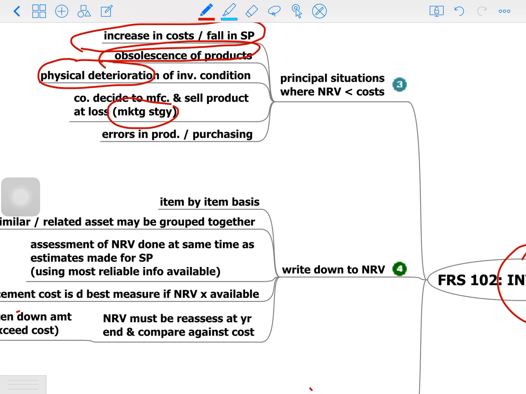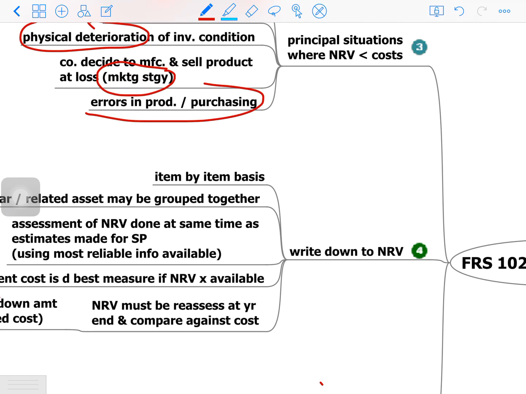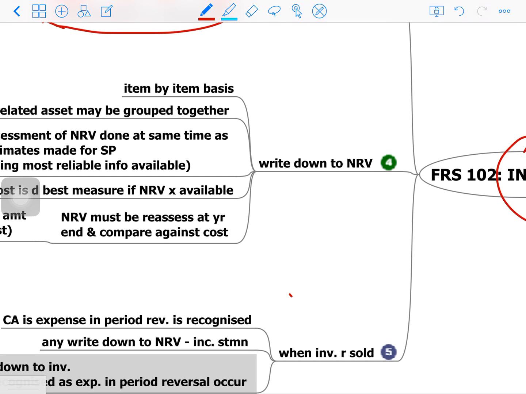So this is what normally happens in situations where net realizable value is lower than cost. And then there are errors in production or purchasing. So these are the situations where normally net realizable value is lower than cost.